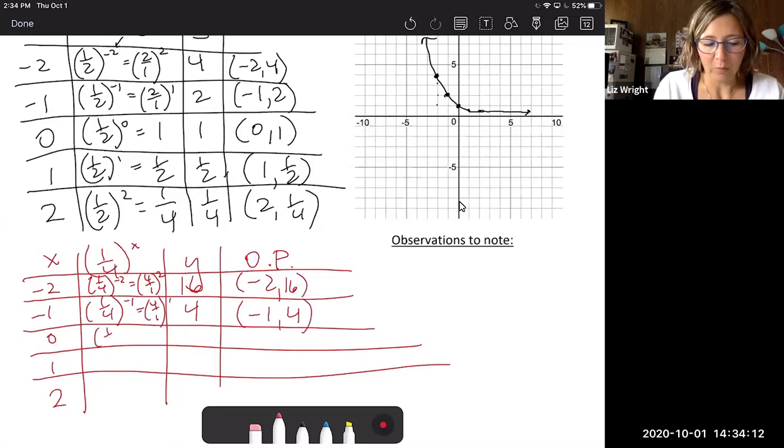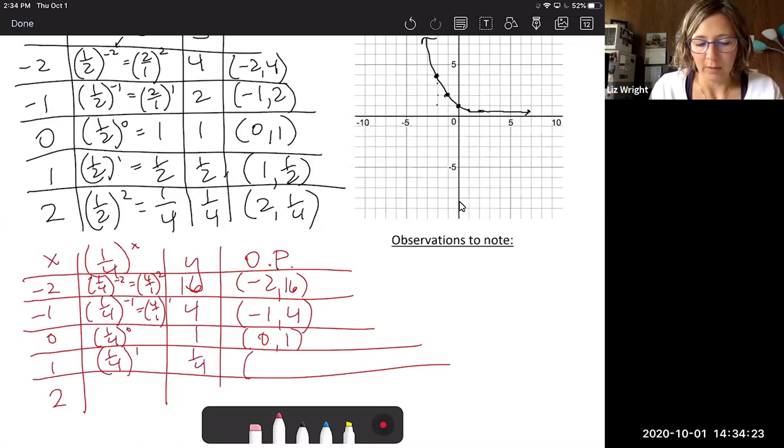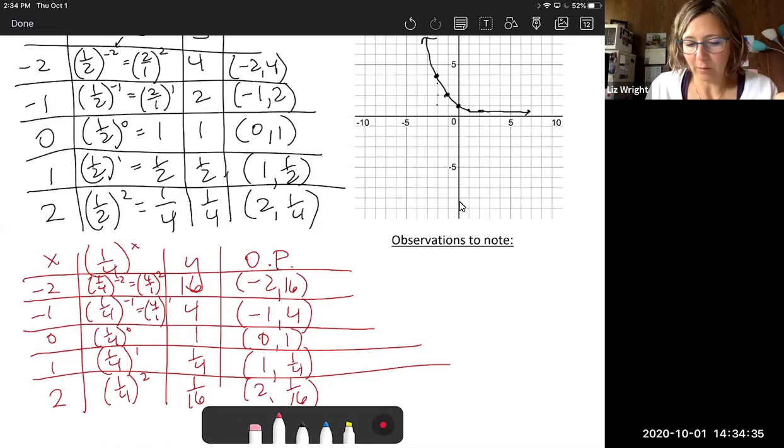Then 1/4 raised to the 0 gives me 1, so that's 0, 1. 1/4 raised to the first power is 1/4, so I'm going to have 1, 1/4. And then 1/4 raised to the second is going to give me 1/16, so 2, 1/16. And so now we're ready to graph those.